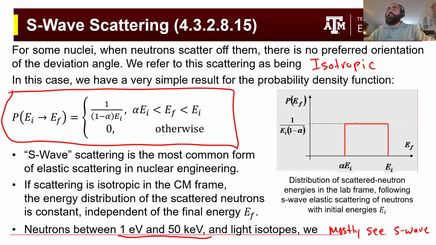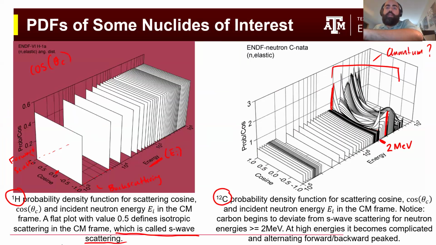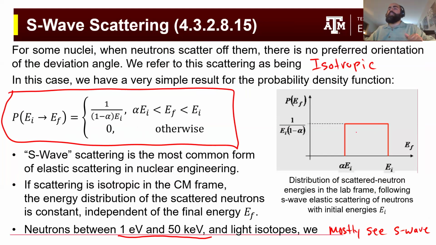Basically what this is showing is that if the scattering is isotropic, then the energy distribution is also constant for a given scattering angle. Every plot looks like a square if it's S wave, and that's what we're seeing here.